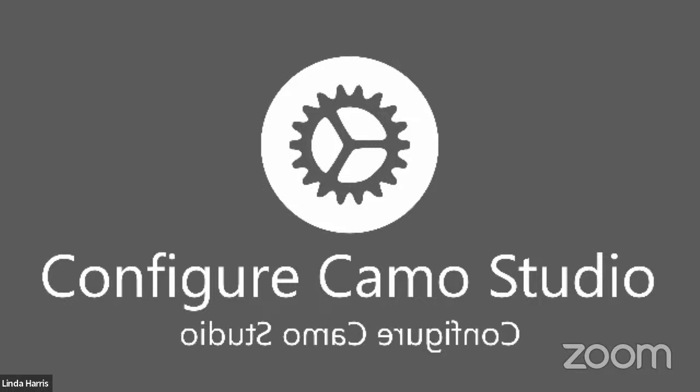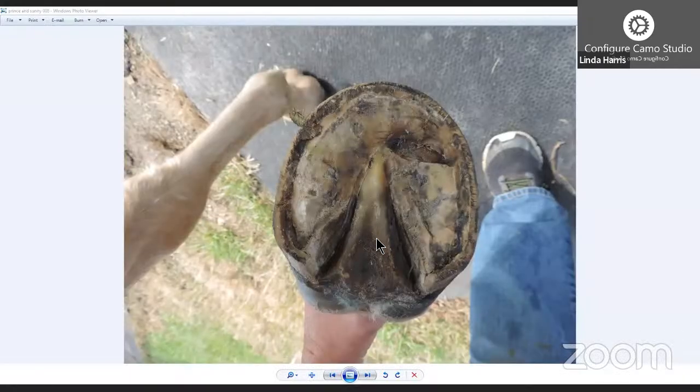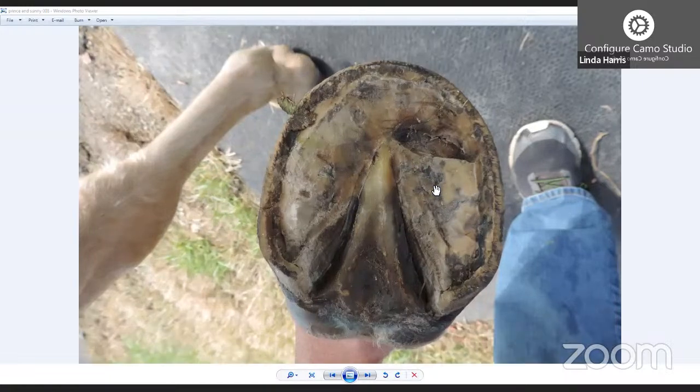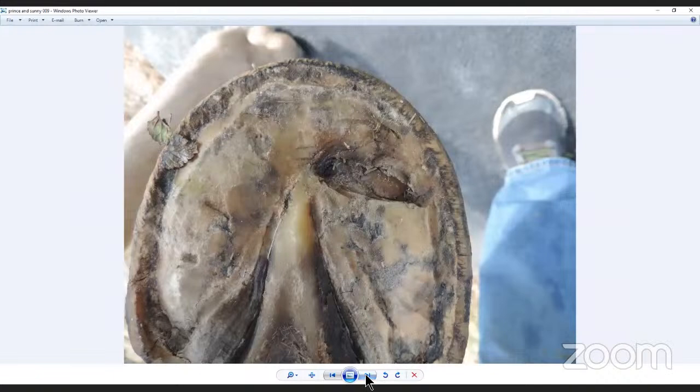Okay, here's before. This is before those pictures that you just saw. So this was a few weeks before, and this is what I found there. Was he sore at that time?